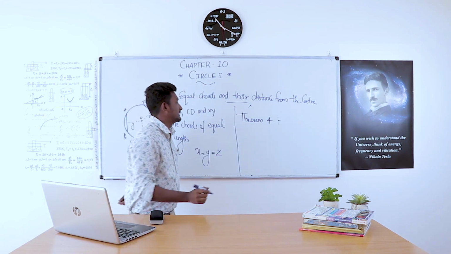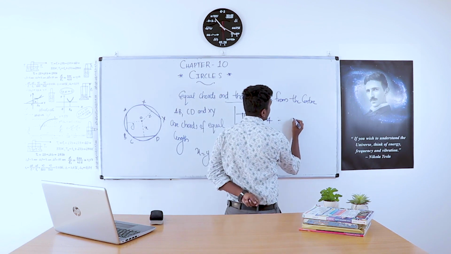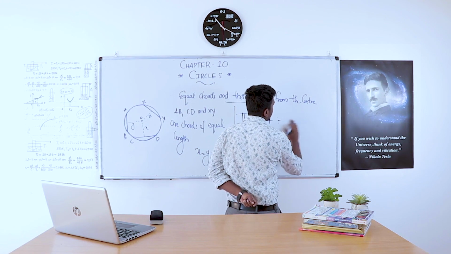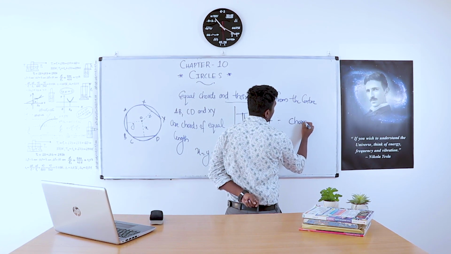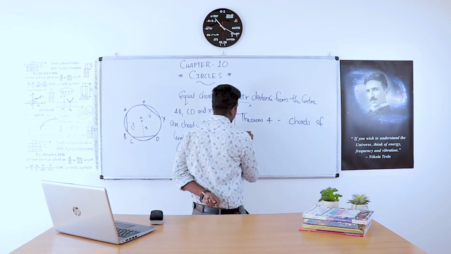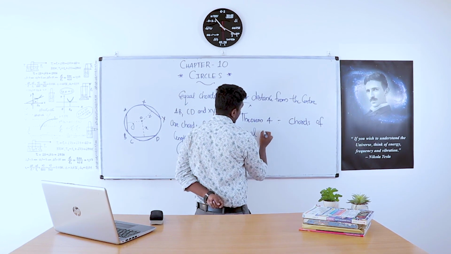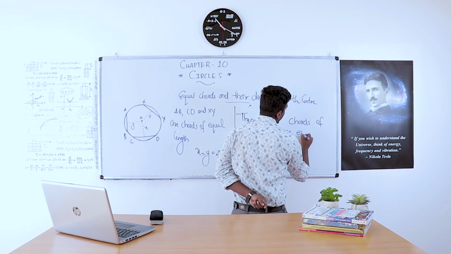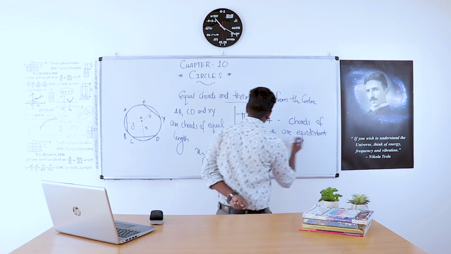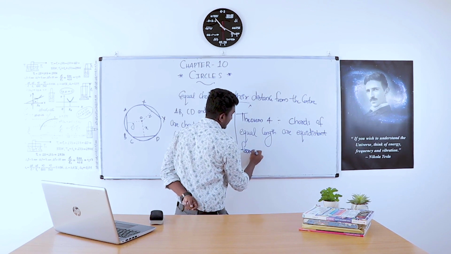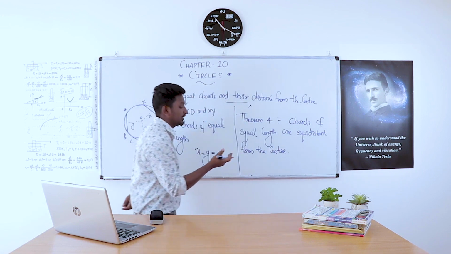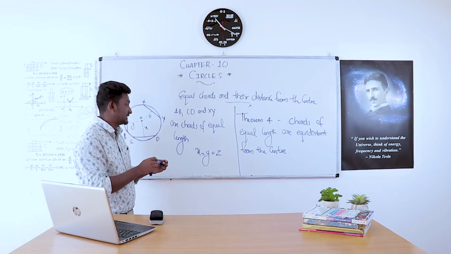Theorem number 4 states that chords of equal length are equidistant from the center.